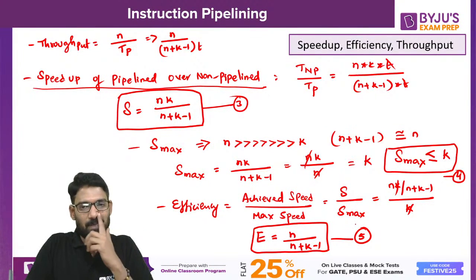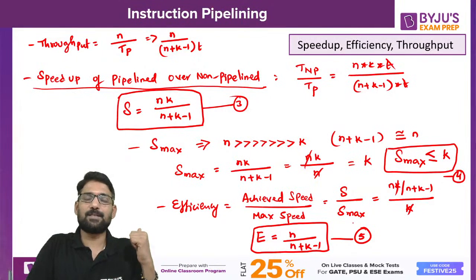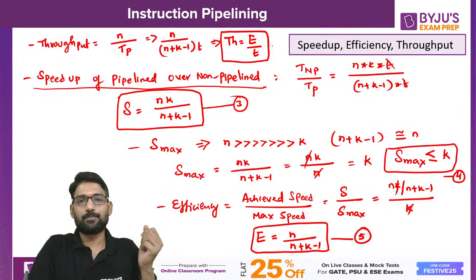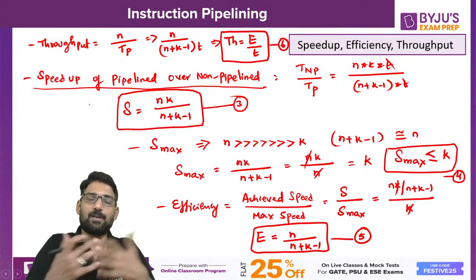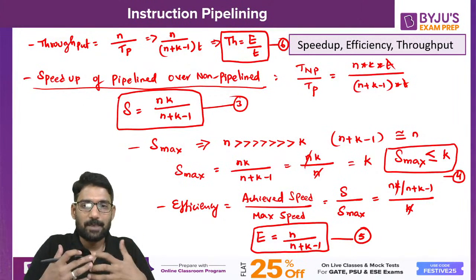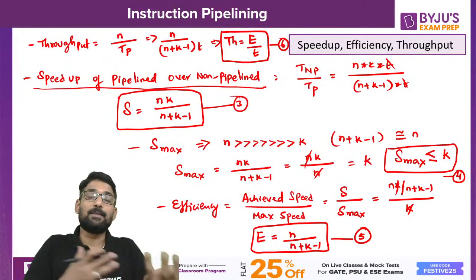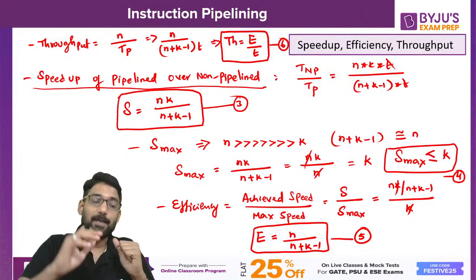If you see from equation 5, n by n plus k minus 1 is E. So you can say throughput is equal to efficiency divided by t, small t. So this is how you calculate speed up of the pipeline, efficiency of the pipeline, throughput of the pipeline when the stage time is same.